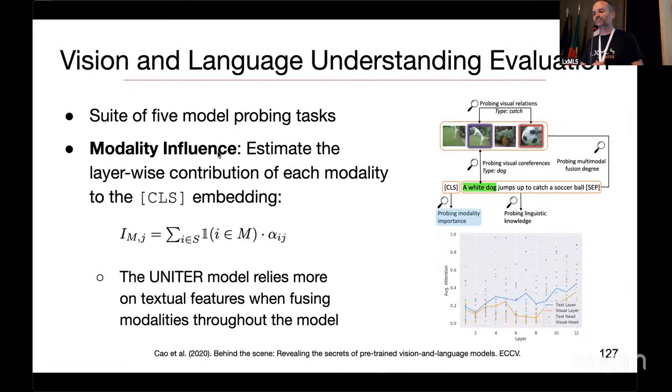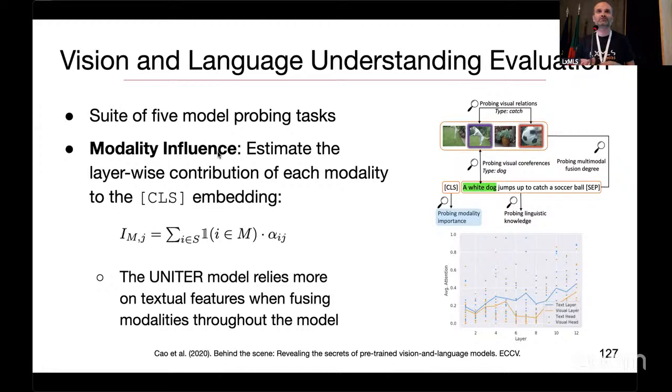There's also been the vision and language understanding evaluation, where the researchers proposed a suite of 5 probing tasks to look for things like probing for visual relation information or visual coreference or the multimodal fusion degree inside of transformers, or maybe what type of linguistic knowledge they know or the modality importance.